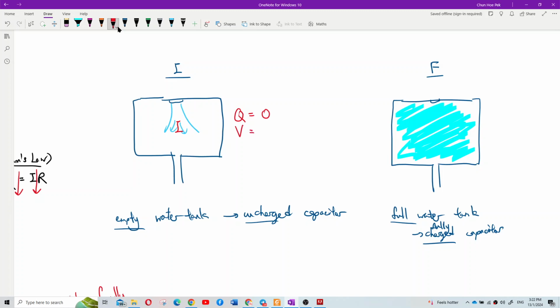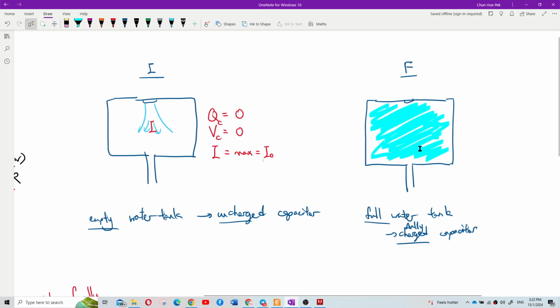Voltage capacitor, Q capacitor adalah zero. Tapi air banyak masuk. So current masuk is maximum. Equal to I naught. Understand? Equal to I naught.